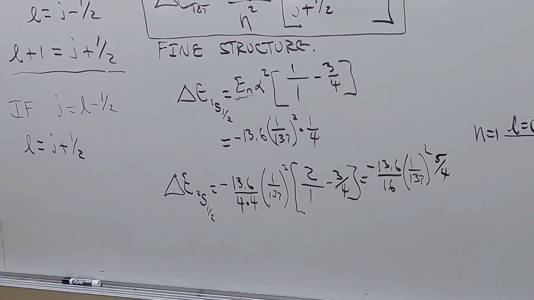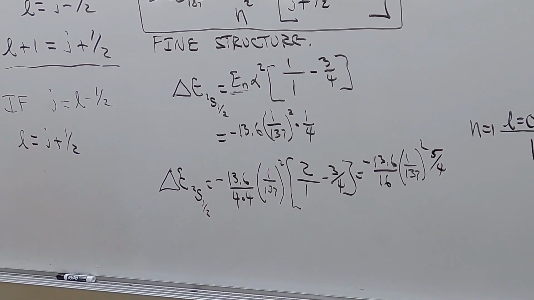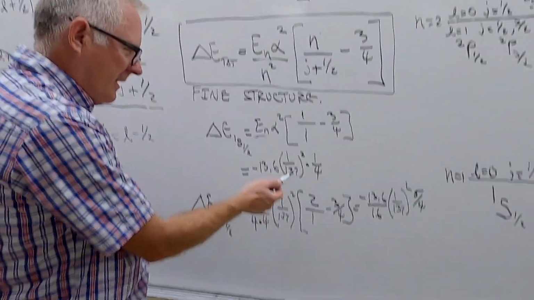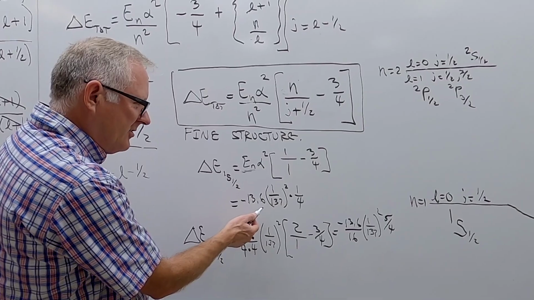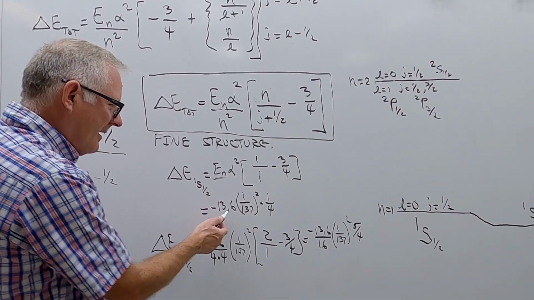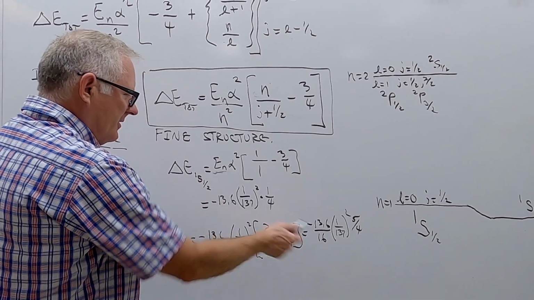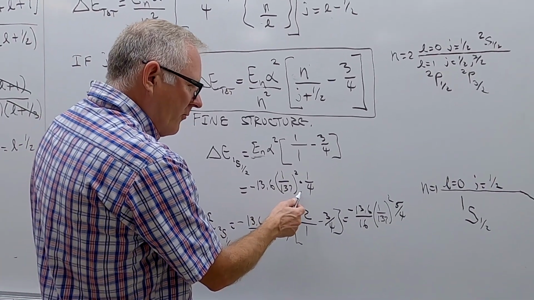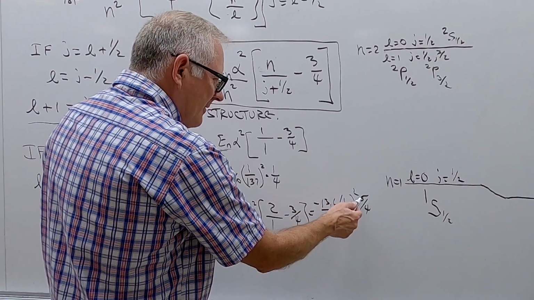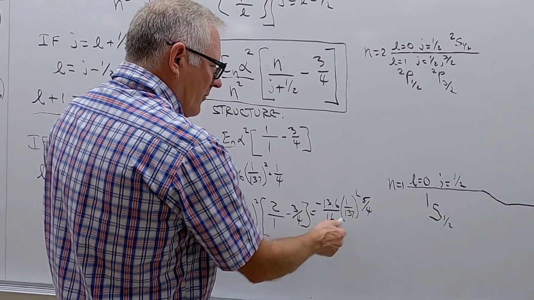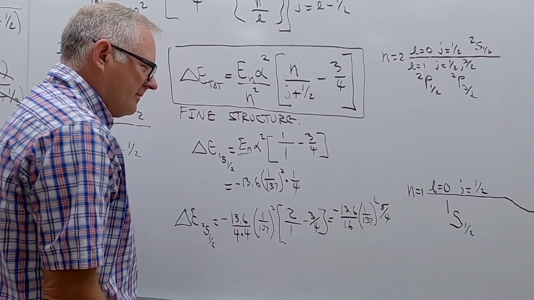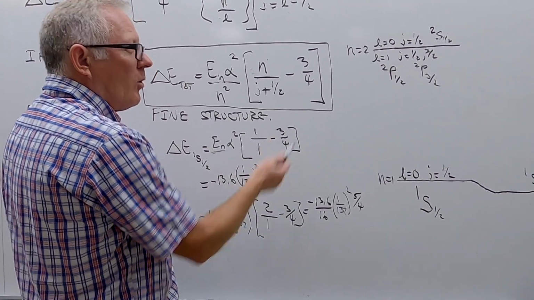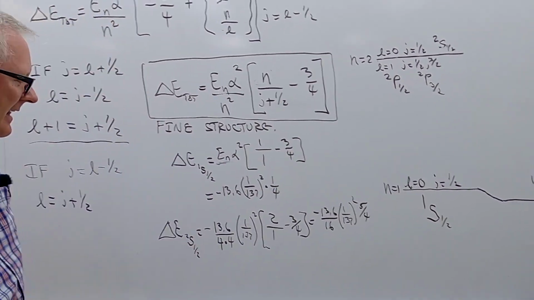Again, it's bringing it down right here. And does it bring it down more than the other one? Just comparing these two, after you figure out they both have a 13.6 and they both have 137 squared, this one has a 1/4. This one has a 5 over 64th right here. So it looks like this one came down more. This one up here is going to come down a little less right here.